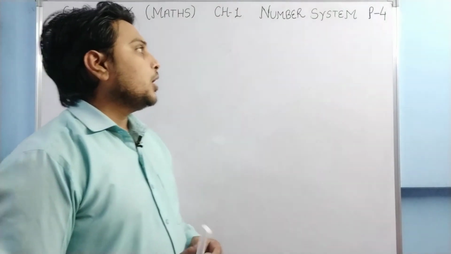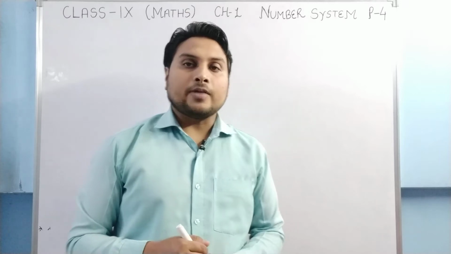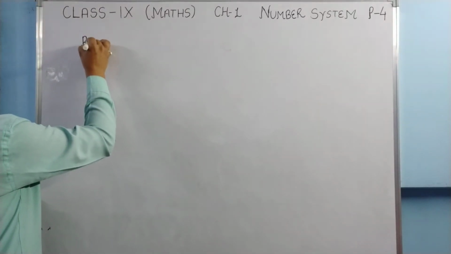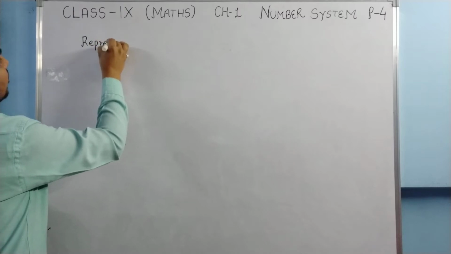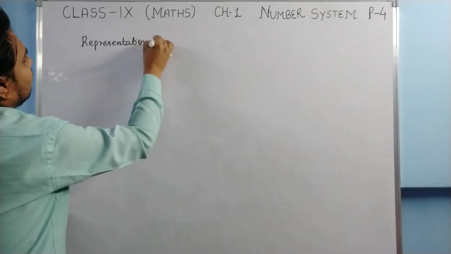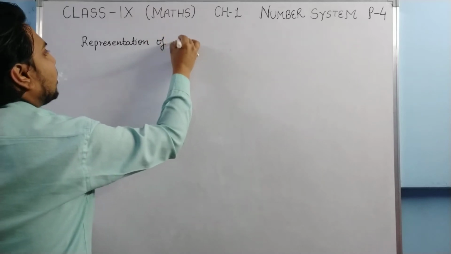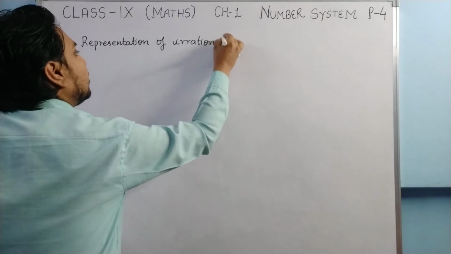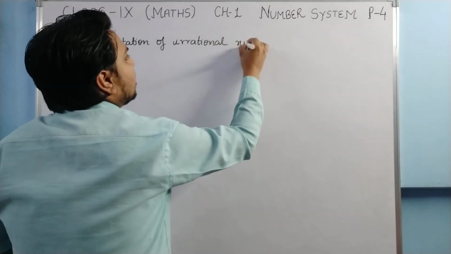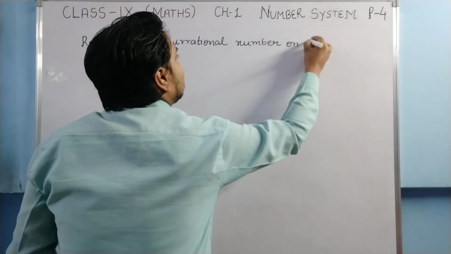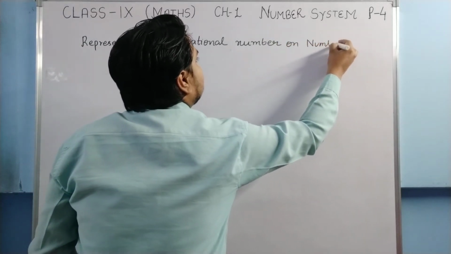Now today, what topic do we have to cover? We have to cover representation of irrational numbers on the number line.